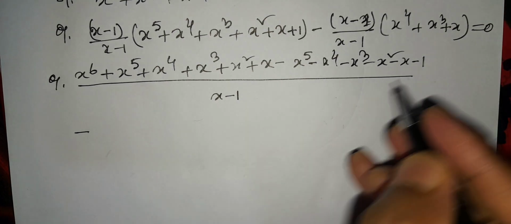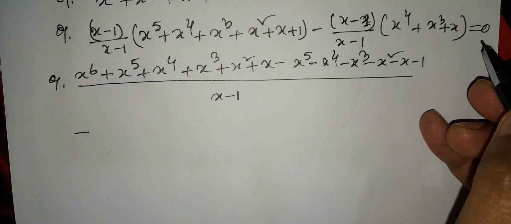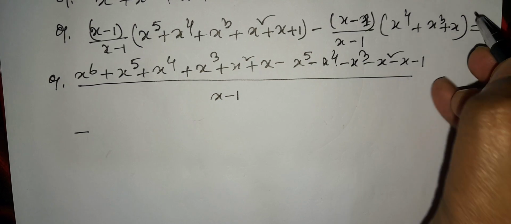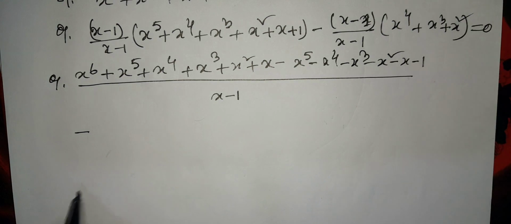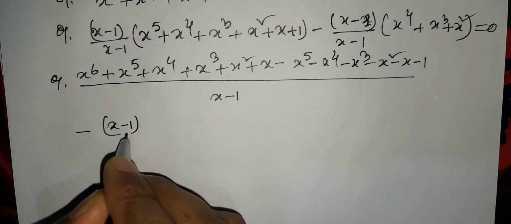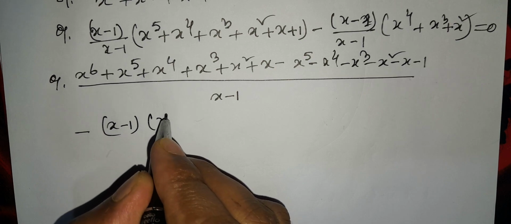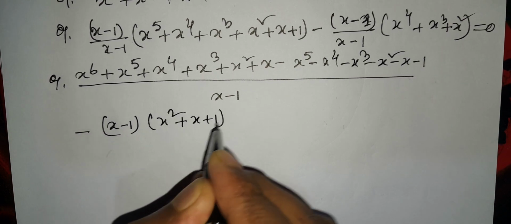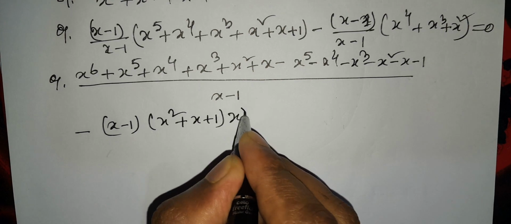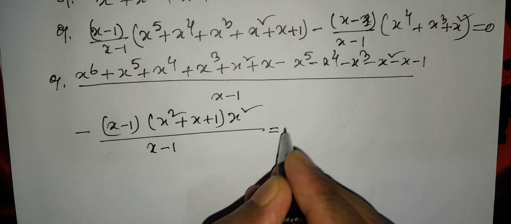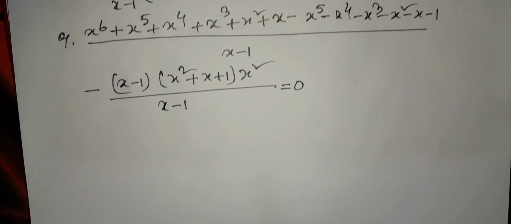Here we take common x square: get common x minus 1, x square plus x plus 1 minus x square and x minus 1 equal to 0.